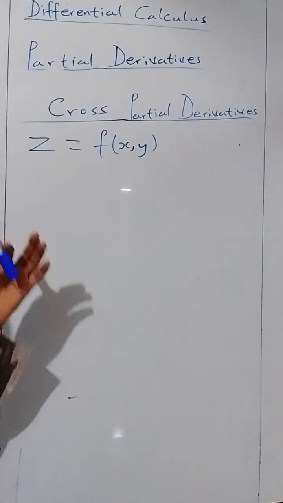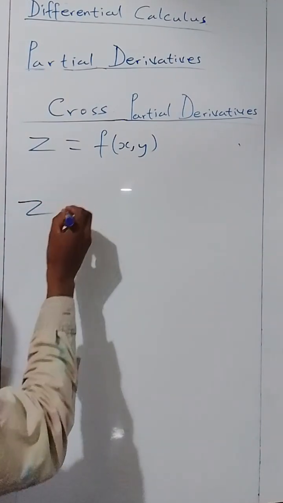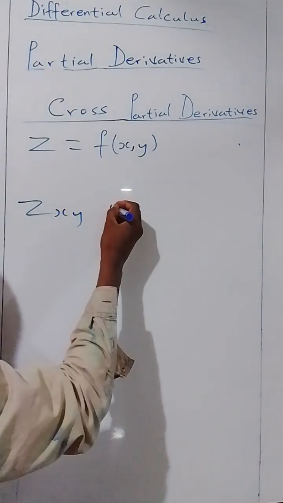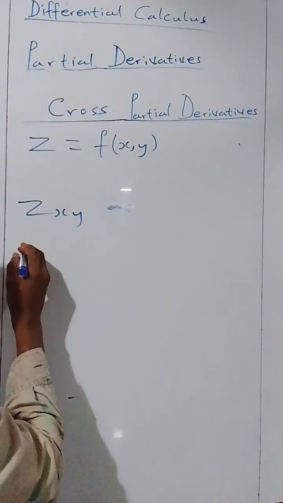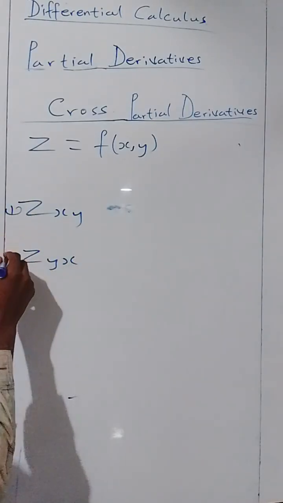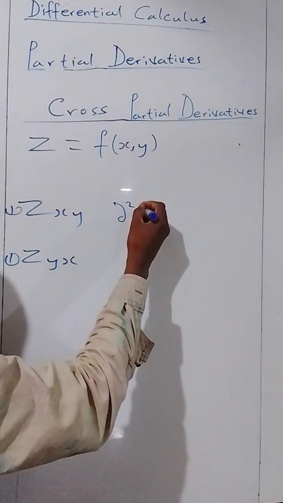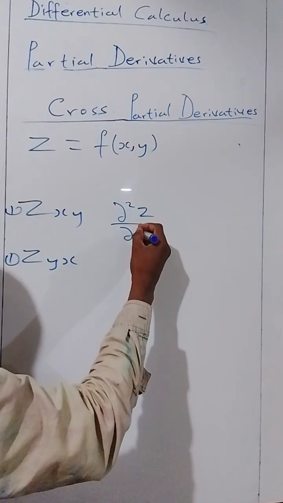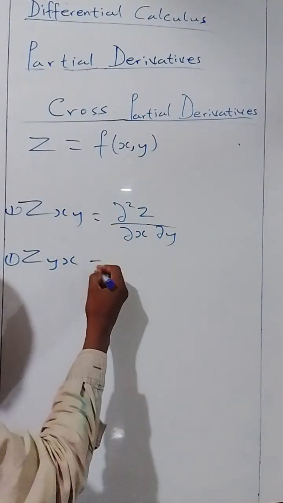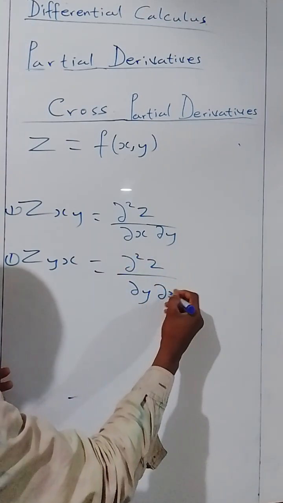Before the example, let's take a look at the notation. For the cross partial, there will be xy, or we have yx. This is equivalent to d square z dx dy, and this is also equivalent to d square z dy dx.